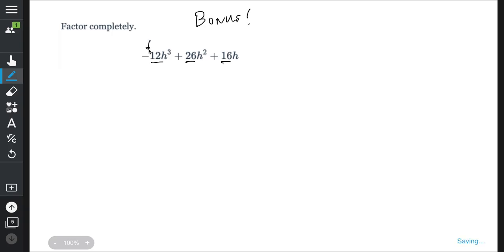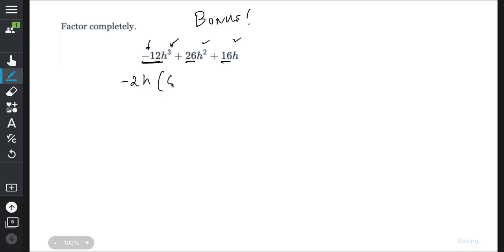And it's going to be negative because this leading coefficient, they call this the coefficient because it is next to the highest power, is negative. They all have H, but this one has the fewest number of H's. So I'm going to go with negative 2H, single H.